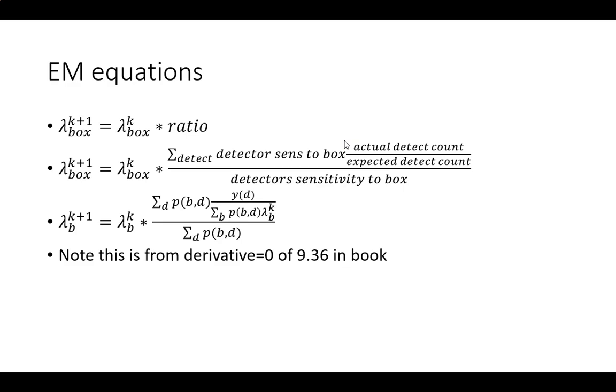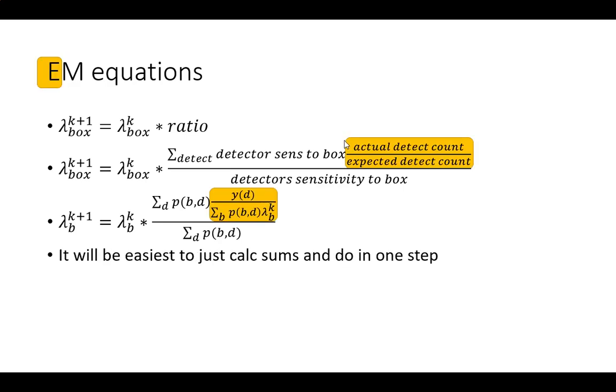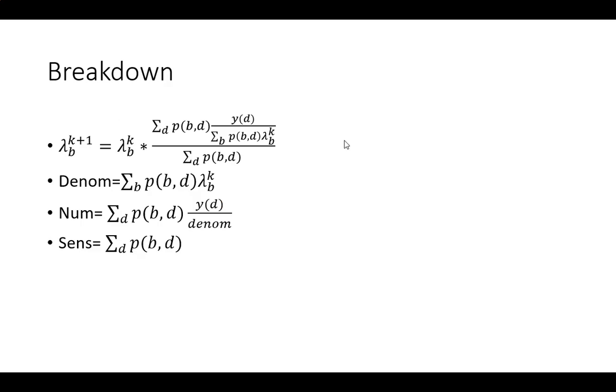I noticed this is just from the book: set the derivative equal to 0 for 936. And again, note this is where the expectation part is coming in, because I've got my expected and the actual, that ratio. That does what you were thinking of doing, and the rest maximizes it.